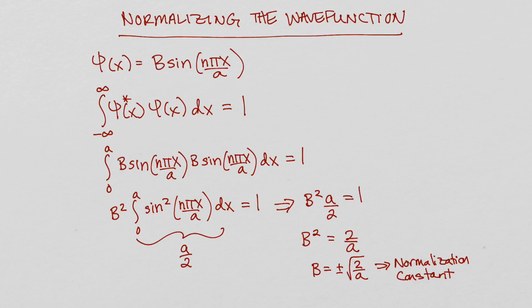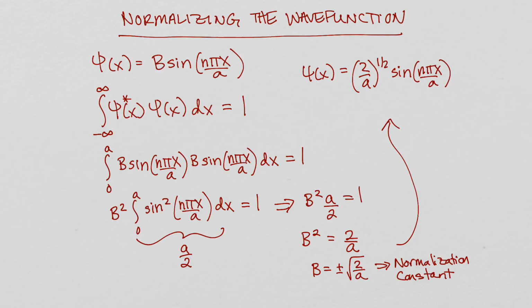Then we can put everything back together with our wave function. So we would have psi of x equals root 2 over a sine of n pi x over a.